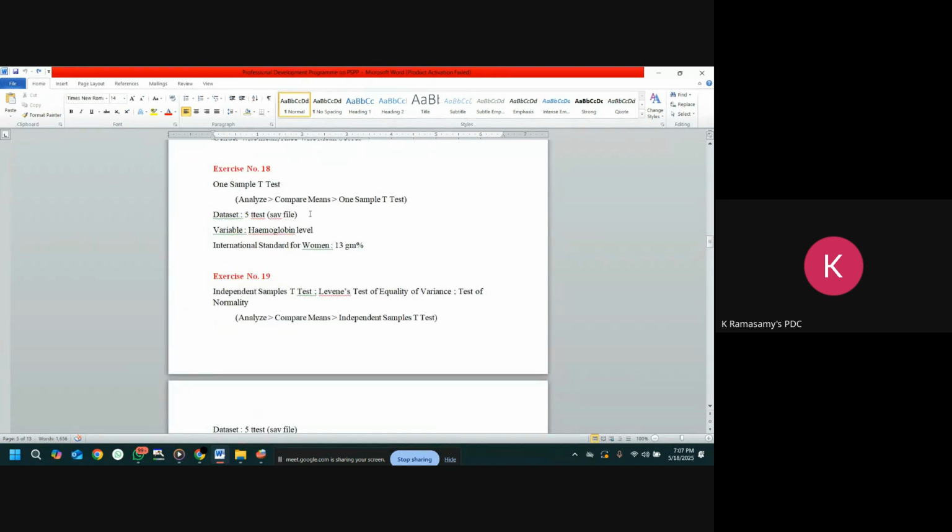For example, you go to a college and collect blood samples of around 1,000 college students, and you check their hemoglobin level. The international standard says that for women, if the hemoglobin level is 13 gram percentage, it is accepted. That means your health is okay.